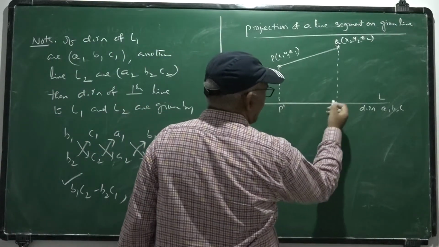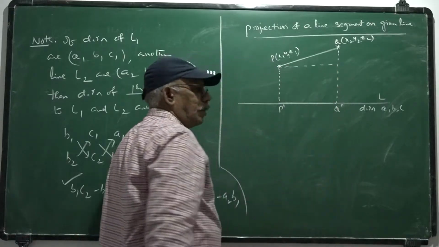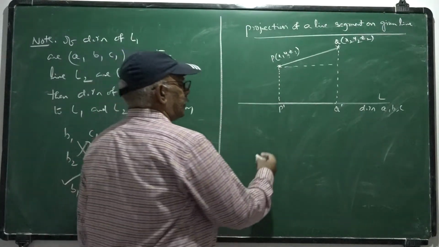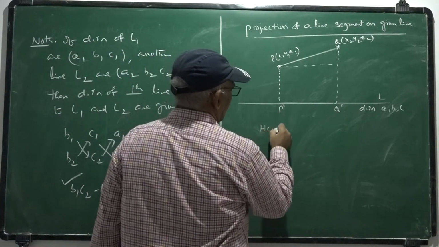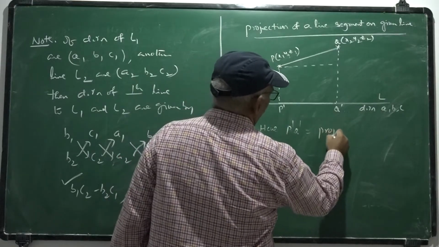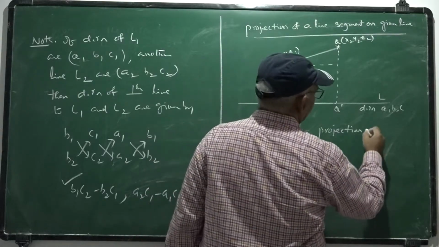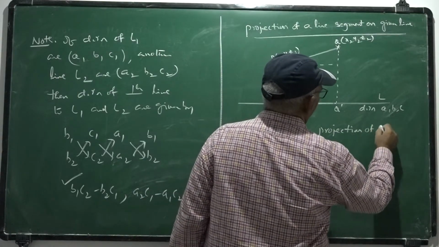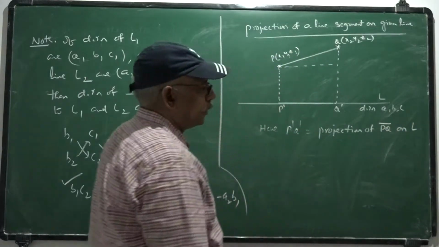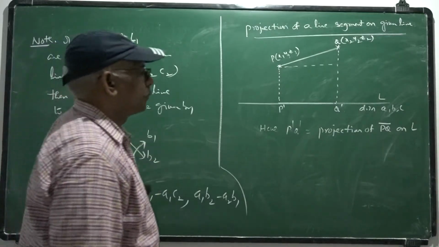Then P dash Q dash, this length, is called the projection of the line segment PQ on L, where P dash and Q dash are the feet of the perpendiculars.